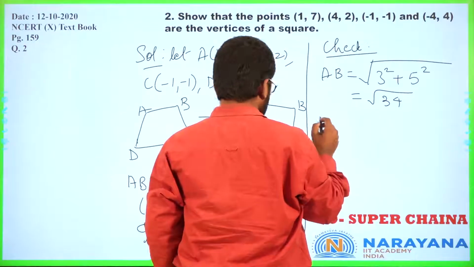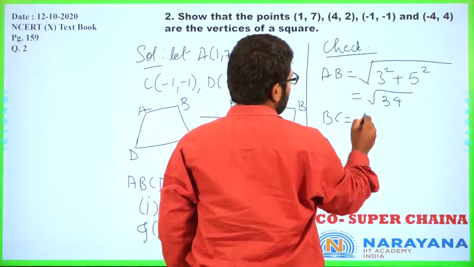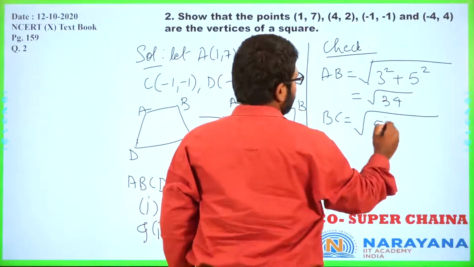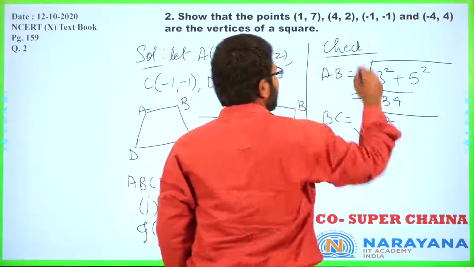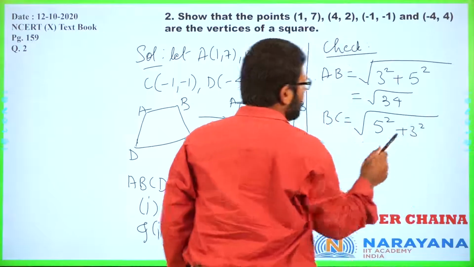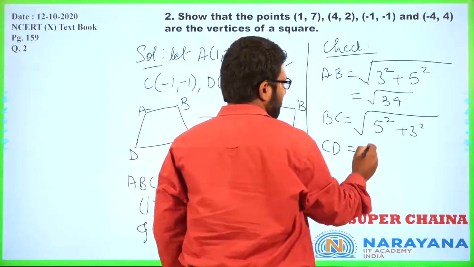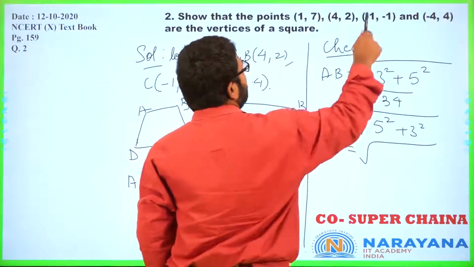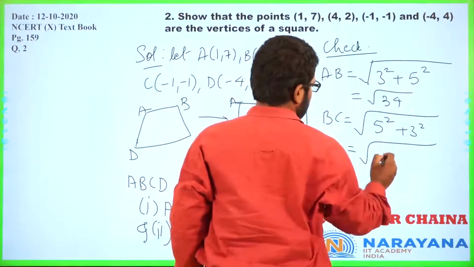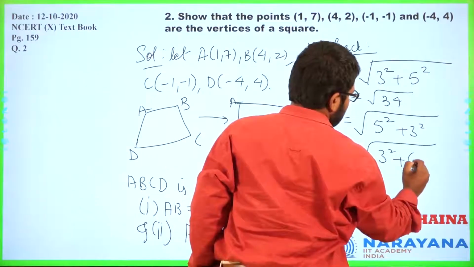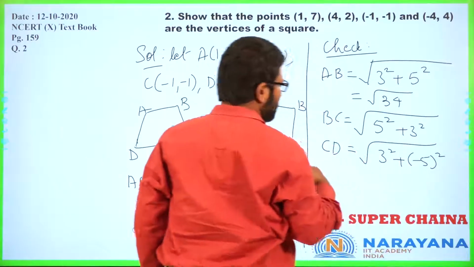Then BC, 4 minus 1, so 5 square, and then 2 minus 1 plus 3 square, clearly this is also root 34. CD, minus 1 plus 4, so 3 square, and then minus 1 minus 4, so minus 5 the whole square.